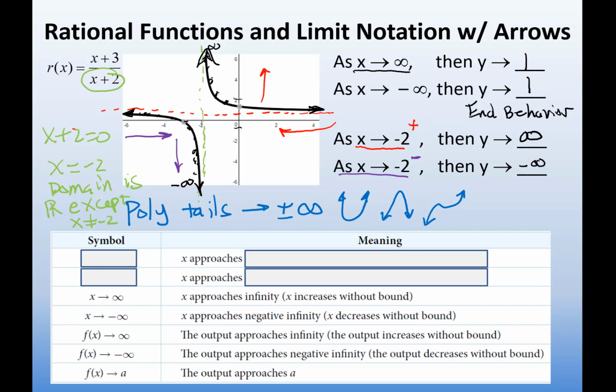So in general, we would say as x goes to a number, I'm just going to say a with the plus sign on it, that means x approaches a from the right side.